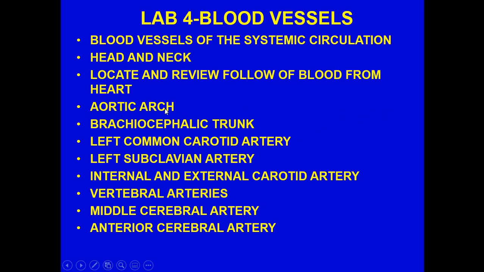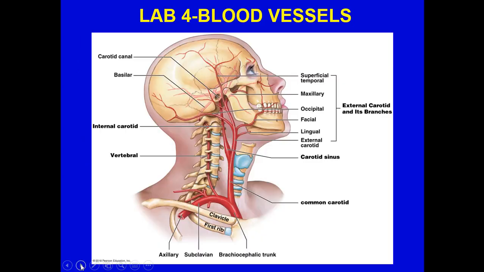We start off with the aortic arch as blood leaves, going into the brachiocephalic trunk, the left common carotid artery, the left subclavian artery, and then we have the internal and external carotid artery, the vertebral arteries, and the middle cerebral artery and the anterior cerebral artery, as you can see here, up through here and up through here.